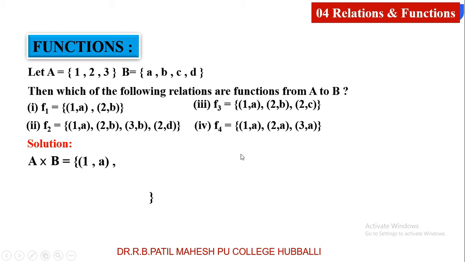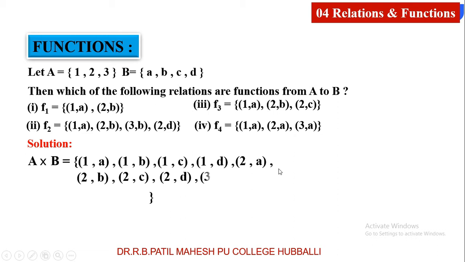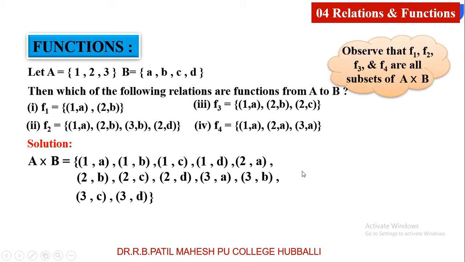Hope you all know how to write the Cartesian product from A to B. (1,a), (1,b), (1,c), (1,d), (2,a), (2,b), (2,c), (2,d). Next, (3,a), (3,b), (3,c), (3,d). Dear students, these are the ordered pairs in A cross B, the Cartesian product of A and B.